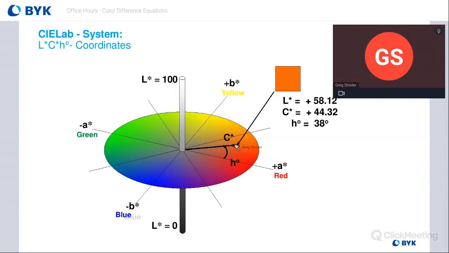In this case, the C value would be 44.32. The hue angle simply starts at the positive A axis and goes counterclockwise to 360 degrees. In this case, we're just before the 45 mark, between yellow and red, so it's going to be a hue angle of 38.